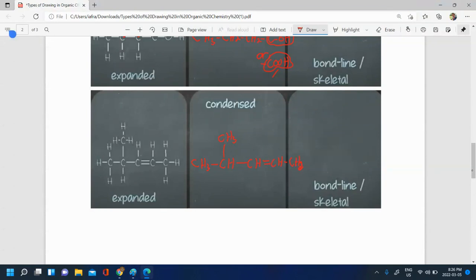Now, if I gave you this structure like this without the lines in there, when it's in brackets like that, it typically means that it's on the carbon to the left as a branch. If I gave you this, you would need to know that there's actually a double bond in there.